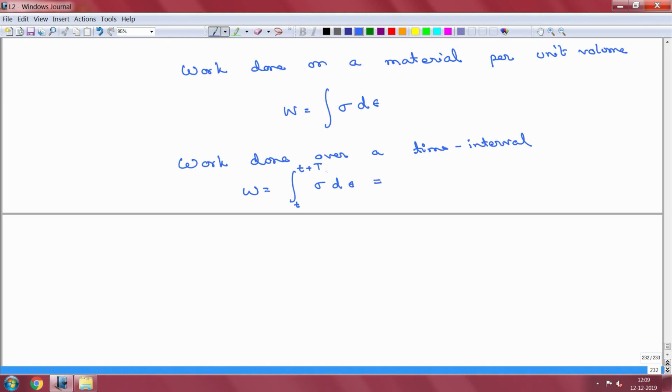Now, I want to integrate this over time, and I would like this integral to be such that the integration can be easily performed. So what I will do is change the integral to this particular form, where s represents a time variable.